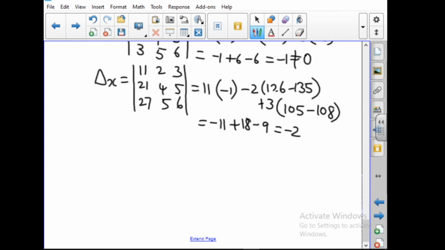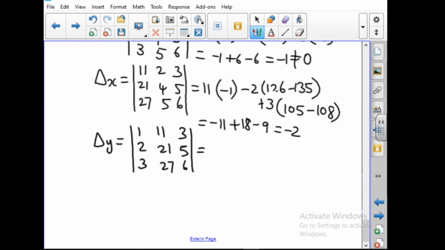Let us find out delta y. Delta y is equal to, second column should be changed. So 1, 2, 3. Second column is 11, 21, 27. Third column is 3, 5, 6. Now let us do this. 1 into 126 minus 135, minus 11 into 12 minus 15.